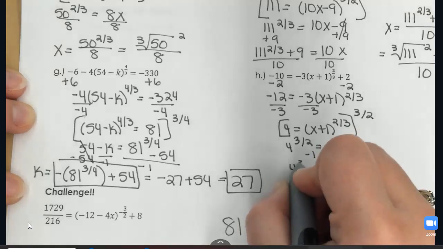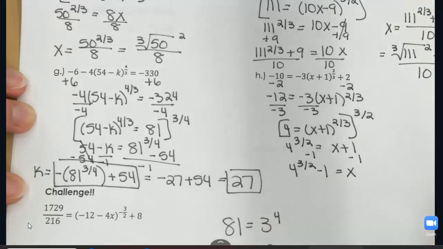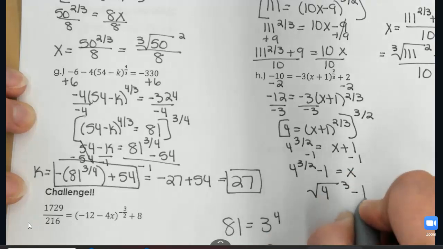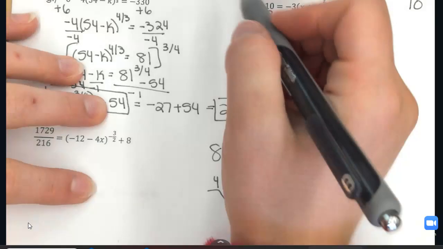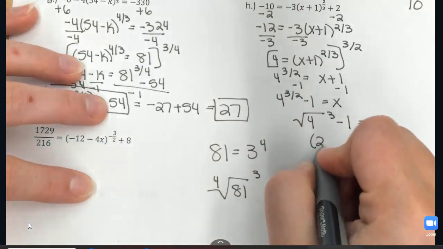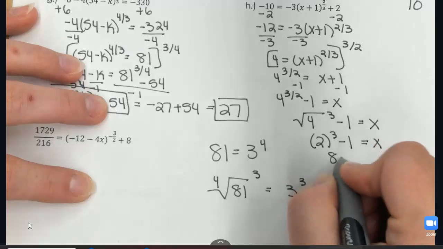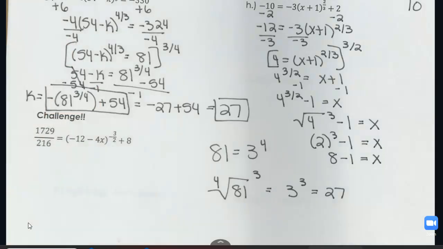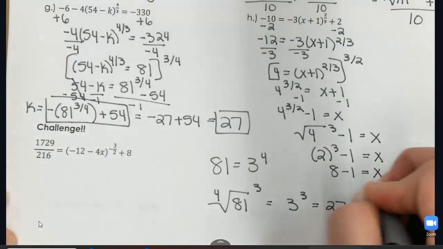So I have 4 to the 3/2 minus 1 equals x. If I were to rewrite this as a radical, this is going to be the square root of 4 cubed minus 1. Now, I do expect you to recognize the square root of 4 is 2. So if this is 2 cubed and you have minus 1, that is equivalent to 8 minus 1. And so on this one, x would be equal to 7.